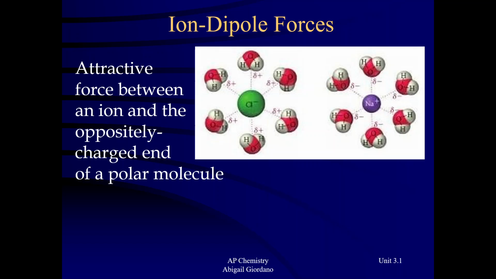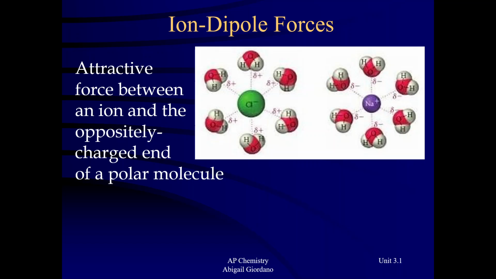There is another type of interparticle attraction, and we will talk a little bit more about it later in Unit 3. It's called an ion-dipole force. And where this is going to come up is often when you're dissolving, let's say, an ionic solute in water, for example, like table salt, sodium chloride. You're going to see an attraction between the dissolved ions and the water molecules.